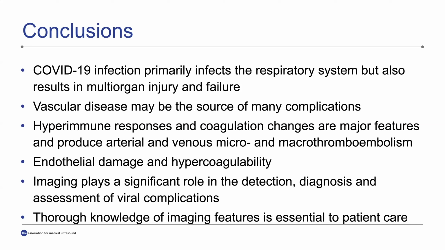And this results in both arterial and venous micro and macro thromboembolism that results from damage of the endothelium and hypercoagulability. Imaging plays a significant role in the detection, diagnosis, and assessment of viral complications. And a thorough knowledge of the imaging features is essential to patient care.